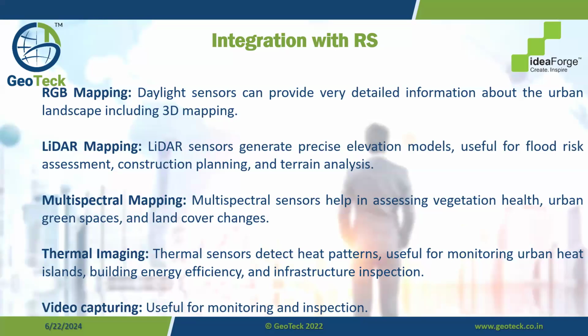So we need a very high spatial resolution. Now, if we are using multispectral sensors, multispectral sensors always provide lower spatial resolution in comparison to the panchromatic or daylight payload. But at least if we are using multispectral sensors from the drone, we can get 10 centimeter or 15 centimeter spatial resolution.